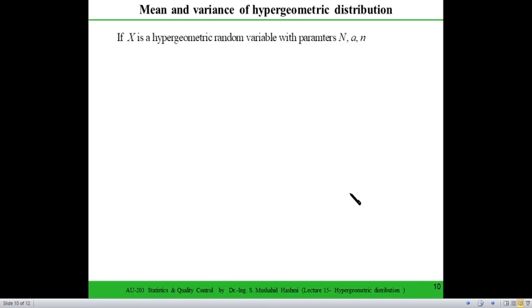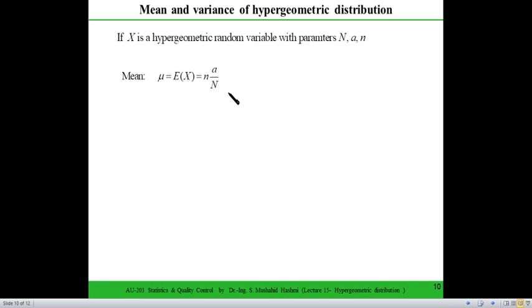If x is a hypergeometric random variable with population capital N, small n is the sample size, and a is the number of elements you are interested in, or having a success or an event, then its mean is n times p, where p is the probability of success.